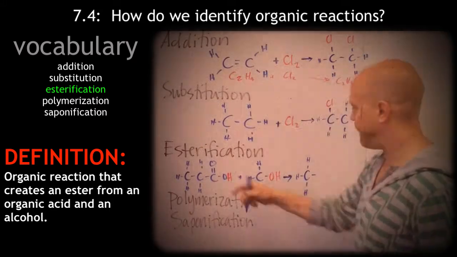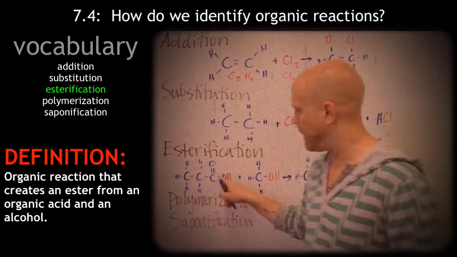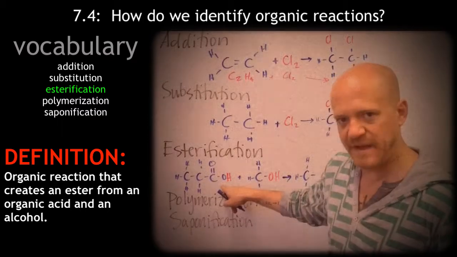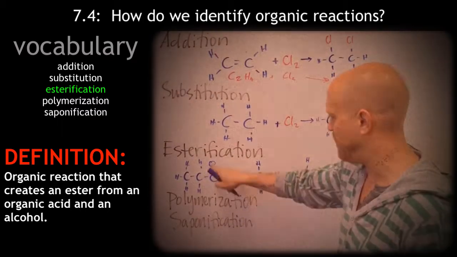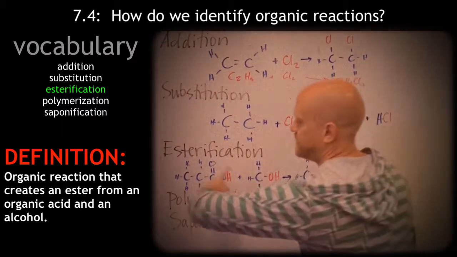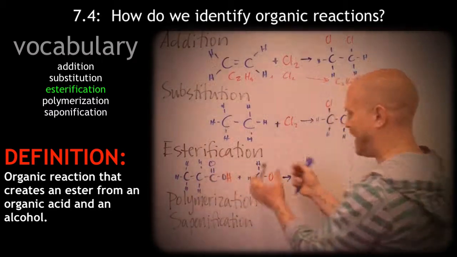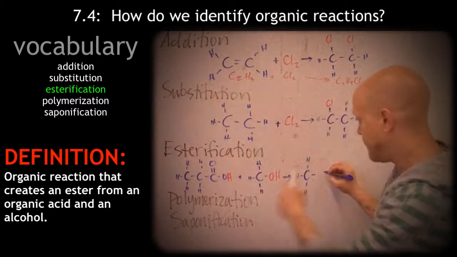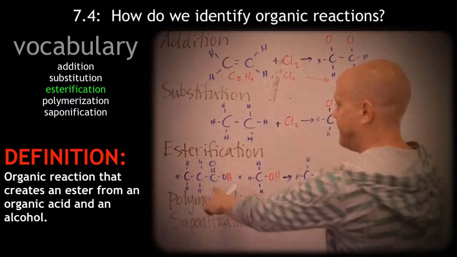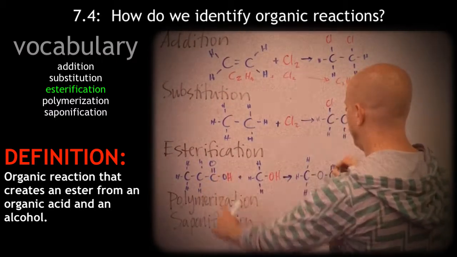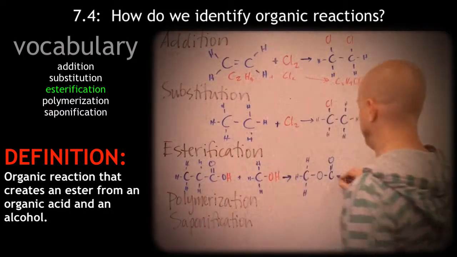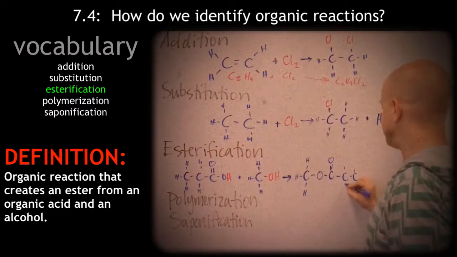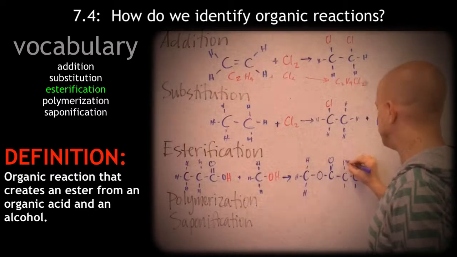And then you're going to be left with this ester group, which is a COO. This is a reverse image now because I'm putting them together. I did not turn this one around, but I'm turning this one around 180 degrees. So I have the O, and then the C, and then the double bonded O, and then the C and the C. And the last thing I want to do is make sure I have my hydrogens.